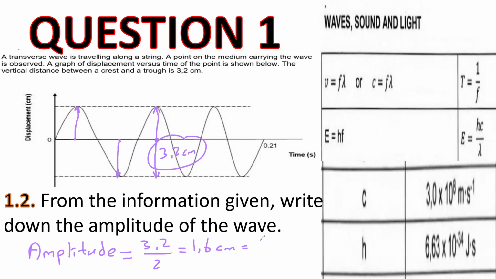If you need in meters, divide by 100, 0.016 meters. This is our answer for amplitude. All right, so today what we remember, amplitude from rest position to the highest point. All right, so let's continue with next question.